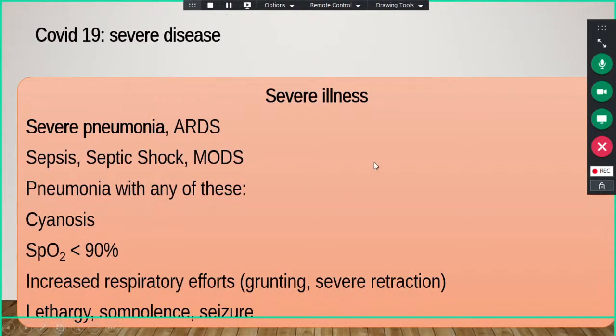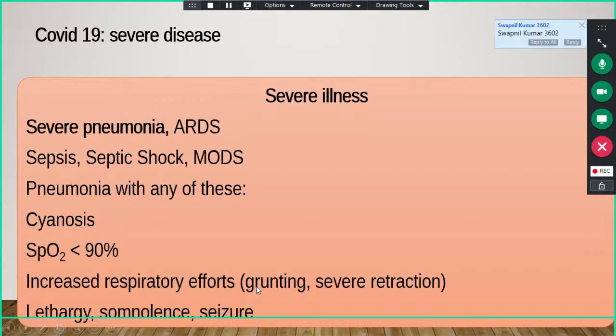So now we come to severe disease as defined by severe pneumonia or acute respiratory distress syndrome. There may be evidence of sepsis, septic shock, or multi-organ dysfunction syndrome, or pneumonia with any of the following like cyanosis, oxygen saturation less than 90%, and increased respiratory effort.